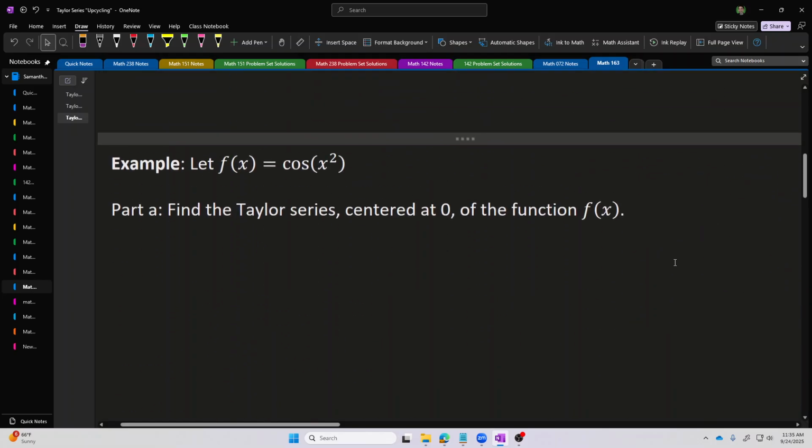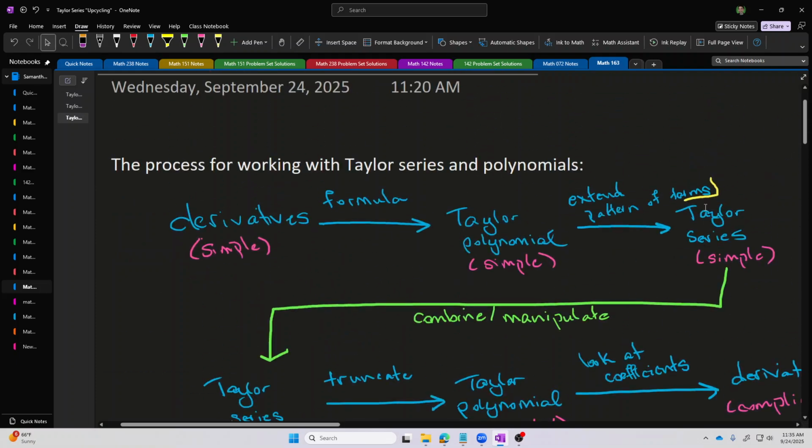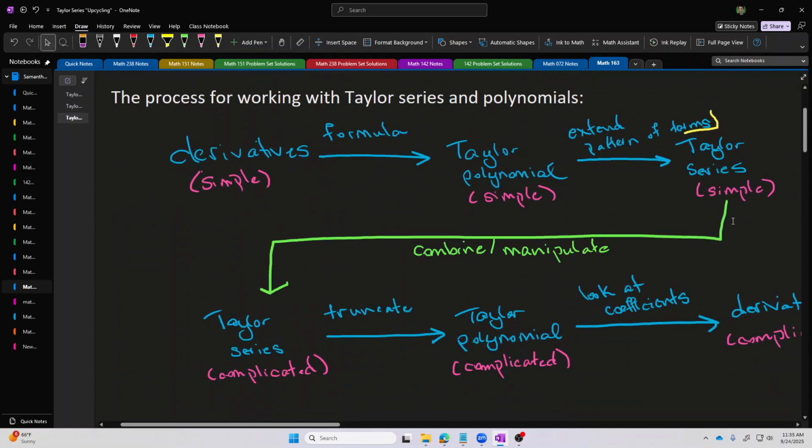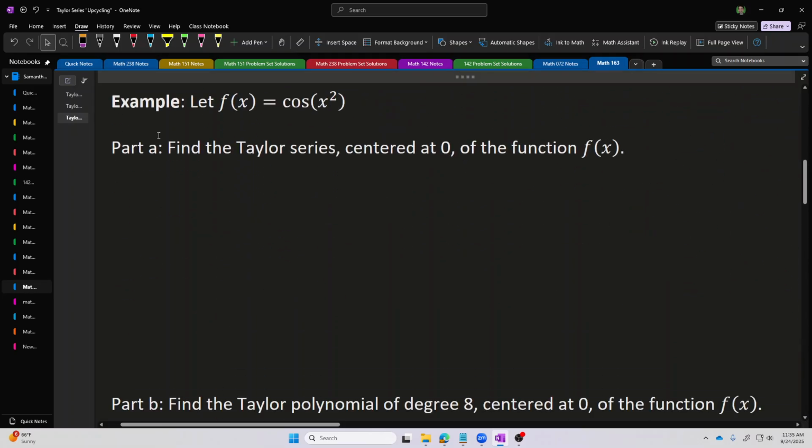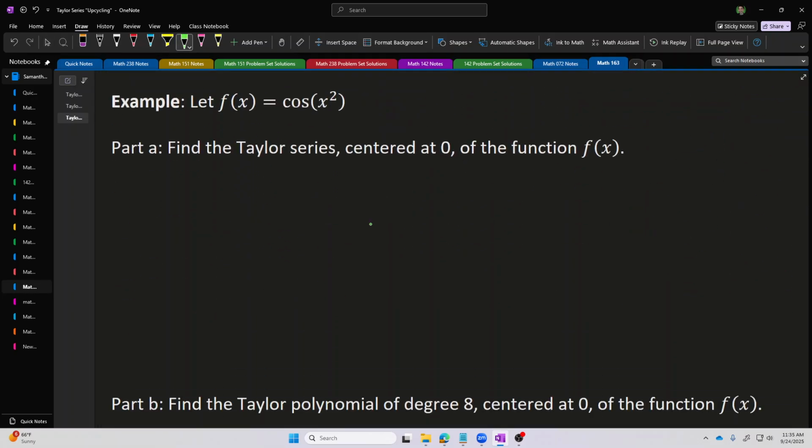So instead, I'm going to use this process of recycling or maybe upcycling these older, simpler Taylor series that we found in the previous video. For example, maybe I will start out by reminding myself of the Taylor series for just cosine of x, which we found previously.